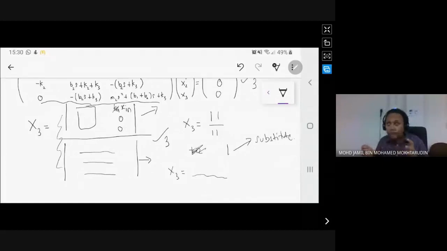If suddenly there are values, for example you calculate this, X3 equals determinant, for example, and then down here there is already a value, S5 minus something. Some of you actually show separately, this determinant equals what, this determinant equals what.